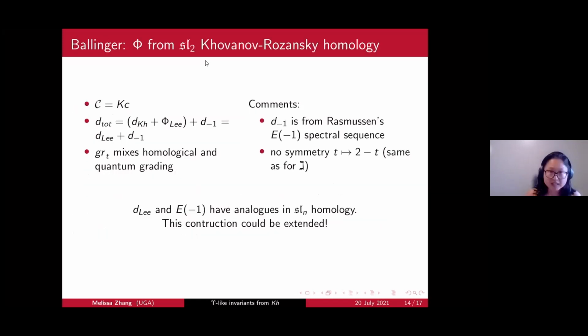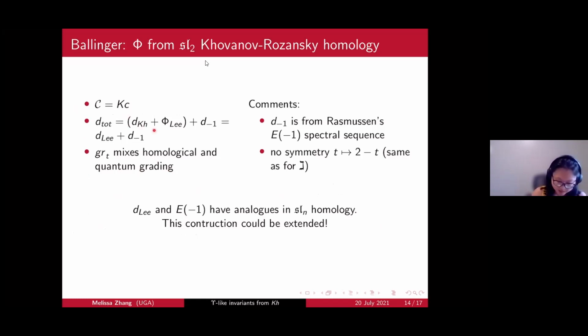Okay, so here's a very new one that I am definitely not an expert on. But William Ballinger has what I believe is a very good Upsilon-from-just-sl2-homology candidate. So this is mixing homological and quantum grading, but the usual differential preserves quantum grading. So you want to think about what another differential would be.